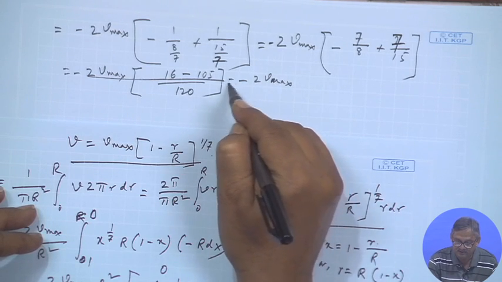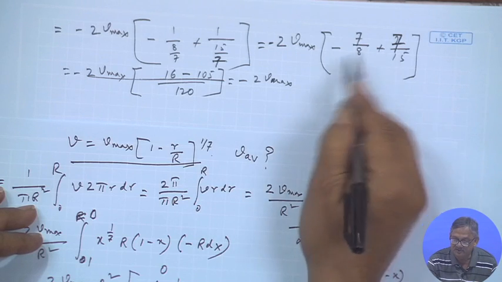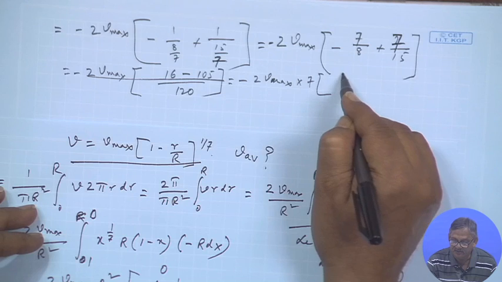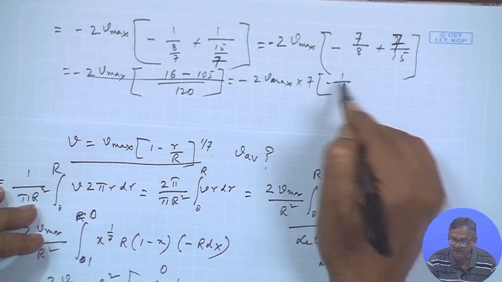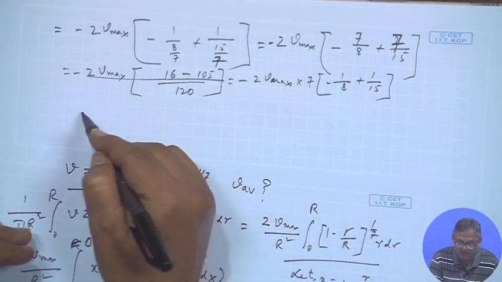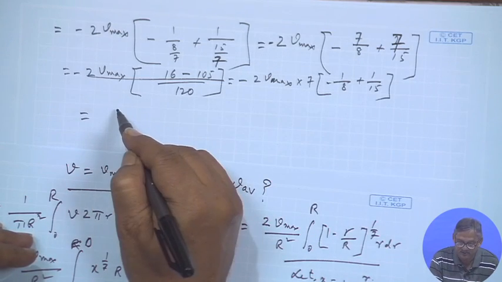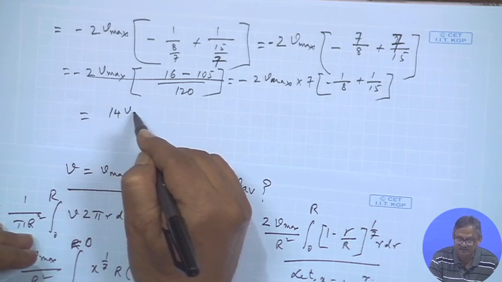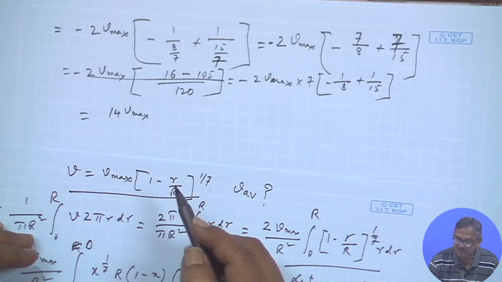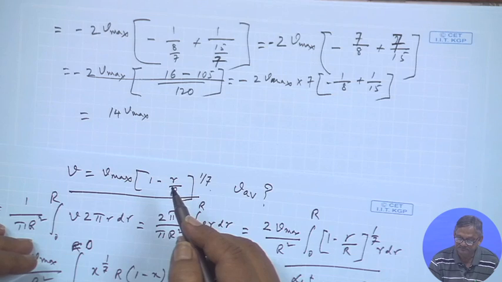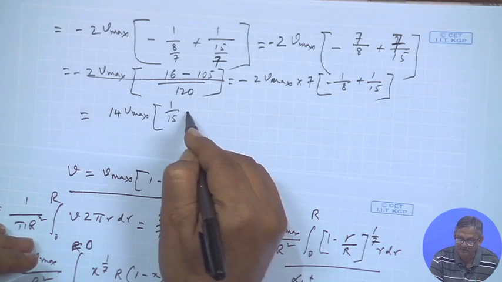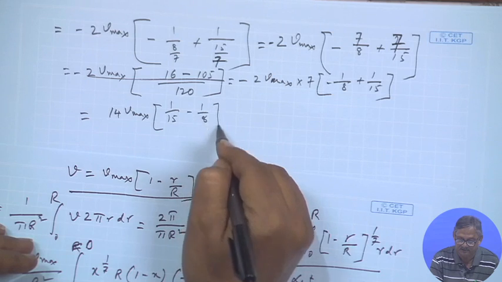So, we can rewrite minus 2 V max into this 7. If we take 7 common, then it becomes 1 by 8 minus 1 by 15, or is equal to 7 twos are 14 V max, and this becomes 1 by 15 minus 1 by 8.